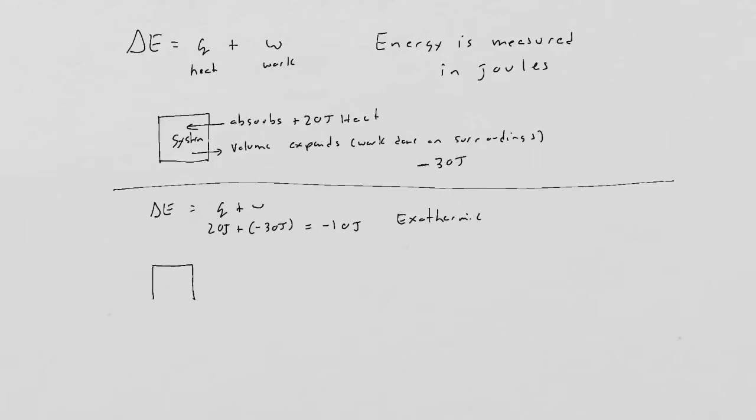Let's say we have a situation where both Q and W are being done on the surroundings. What this means is we have energy leaving in the form of Q. So let's say this is like 10 joules going out, and let's say we have 30 joules of work being done on the surroundings. Well, in both these cases, energy is being lost by the system and being given to the surroundings.